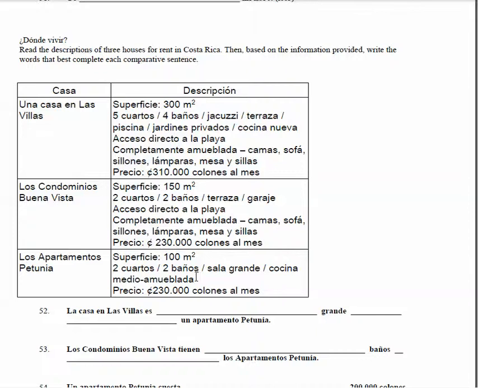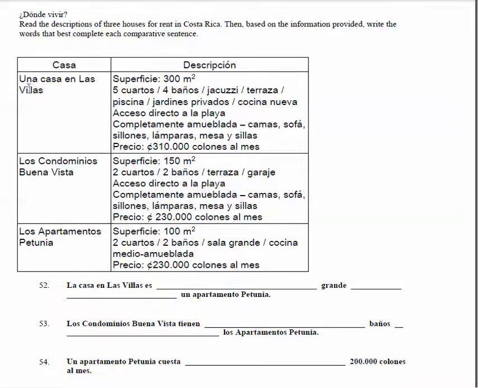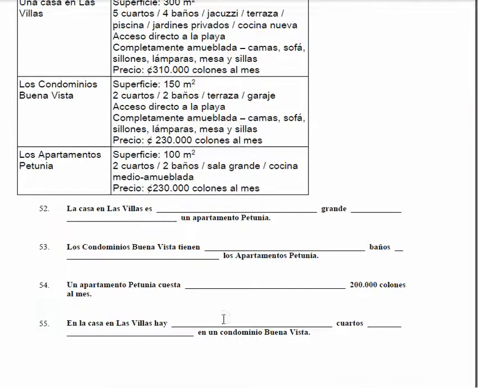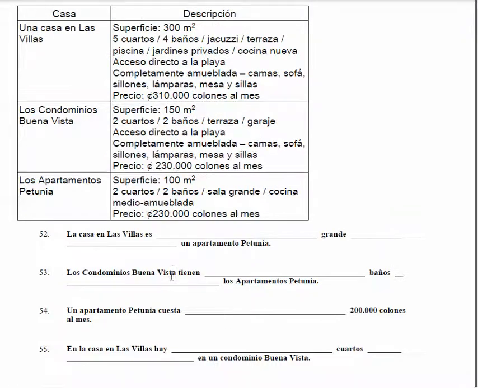Here is a comparison. You've got a description of 3 different living spaces, and over here it tells how big it is and what amenities it has. And so down here, you're filling in what's missing because you're comparing. So like here you're comparing la casa en las villas and un apartamento petunia, and they're talking about size.